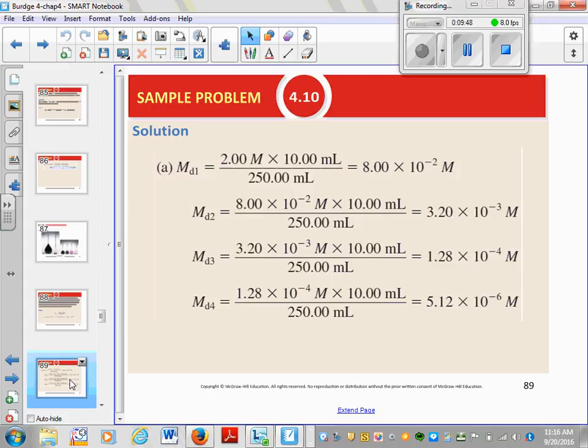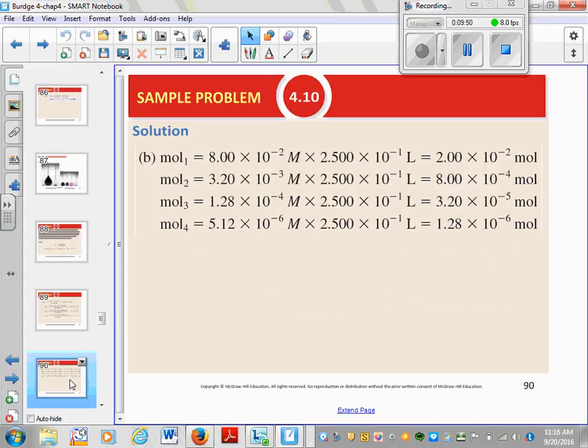So part B was to figure out how many moles. So if we look at the first solution, remember, molarity is moles per liter. So we had the molarity, 8.00 times 10 to the minus 2.